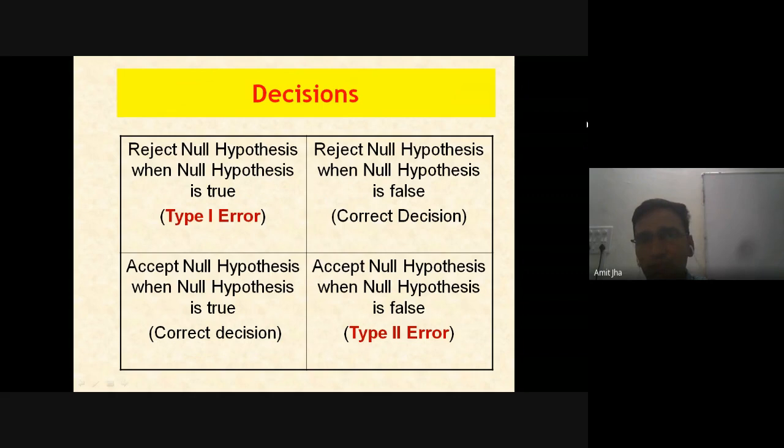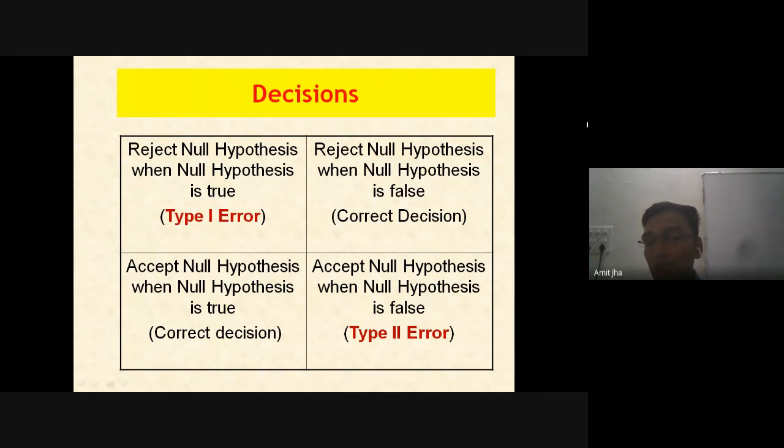Now we will discuss what type 1 error and type 2 error are. Once we have hypothesized, and the null hypothesis is rejected when it is true, meaning there is no difference between sample A and sample B but we have rejected it, say through a statistical test, then this is a case of type 1 error.